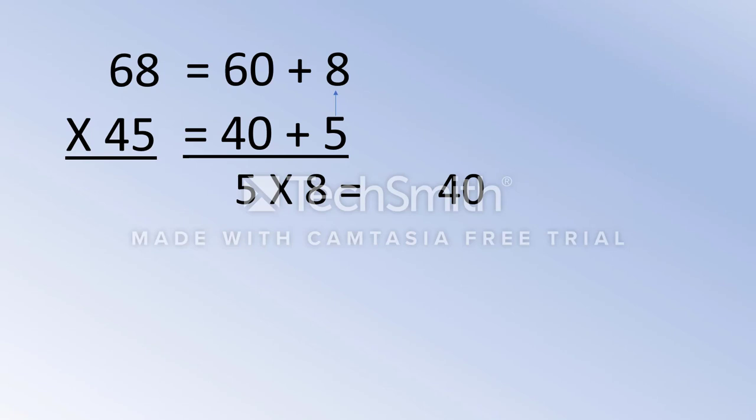The next part has to do with multiplying the 5 in the ones place times the 60 in the tens place of the first number. And we know 5 times 60 is equal to 300, because we know that 5 times 6 is 30, and there's a 0 in the problem, so we add a 0 to our answer. 5 times 6 is 30, plus another 0 makes 300.